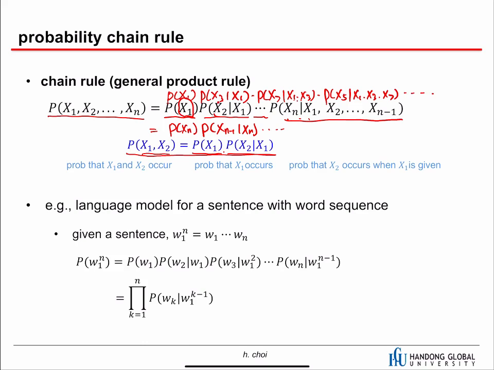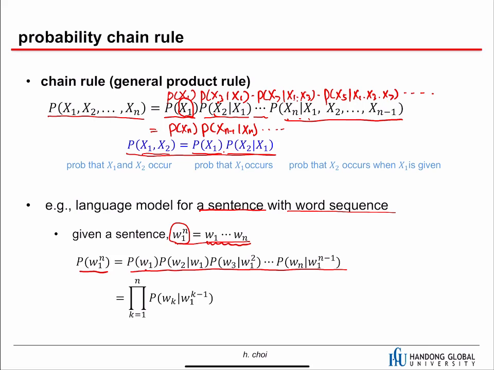We actually use this chain rule a lot, especially in language models. Think about a sentence as a word sequence. This is a sentence with n words, so this is a sequence of n words. Then the probability of a specific sentence can be rewritten based on the chain rule in this way.